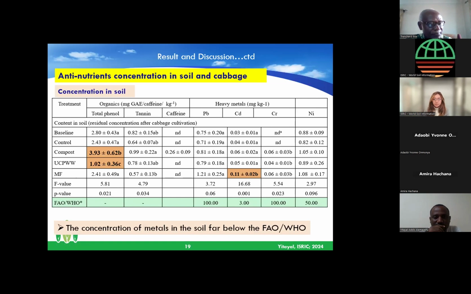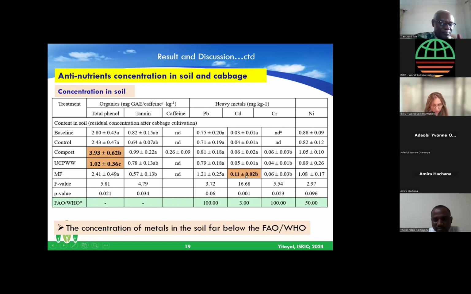We can say the compost is the safest among the other fertilizers. The other is the concentration in soil after production. We have these anti-nutrients: tannin, caffeine, phenol, and the heavy metals. The compost was found to increase the total phenol content of the soil after production, significantly different from the other treatments. This could be because the coffee pulp contains a high amount of phenol.